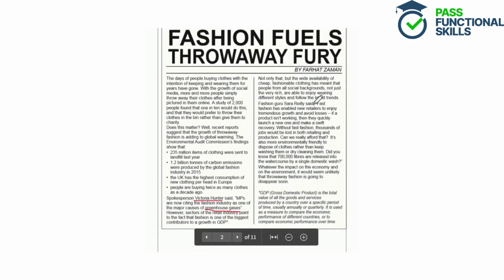However, we've also got another contributor, fashion guru Sarah Riley, who is saying that fast fashion has enabled new retailers to enjoy tremendous growth and avoid losses. So we've got positive aspects of fast fashion being cited there.